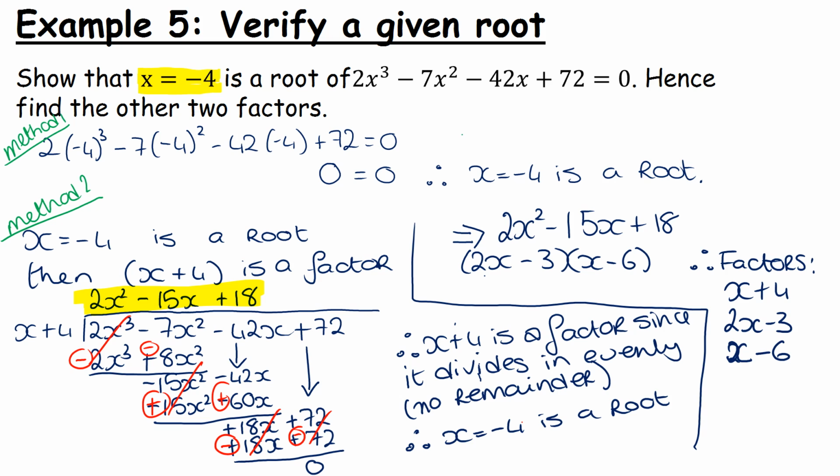Now, if they wanted the roots, which were not asked, but if you were asked, the roots would be x equals minus 4, x equals 6, and then x equals 3 over 2, or 1.5. So both of those are quite simple to work out.